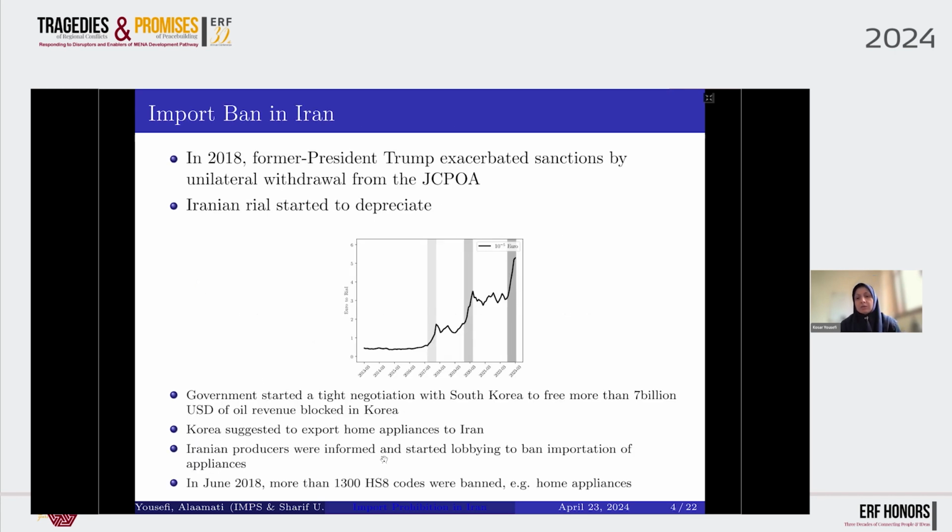And in Iran, we have always had some trade bans, especially on products like alcohol, pork, and those things that are considered haram culturally.